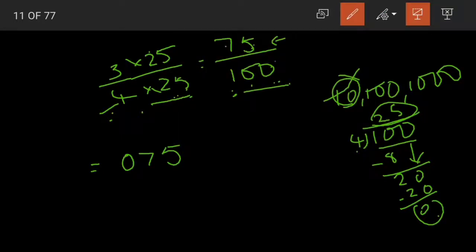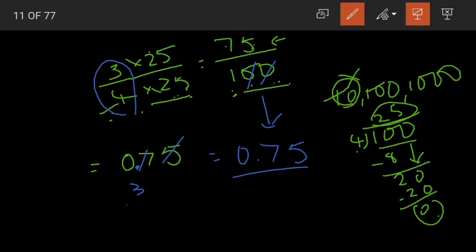Now coming to the next part, 100 has 2 zeros. So after 2 digits from the right, we will place a decimal point. So 75 by 100 is nothing but 0.75. What was the original fraction, children? 3 by 4 is equal to, what is the decimal that we got just now?